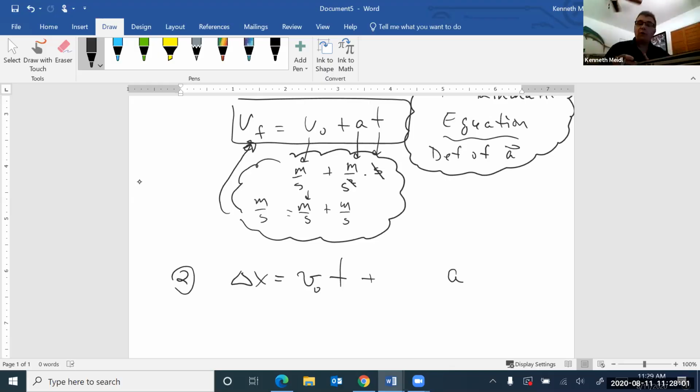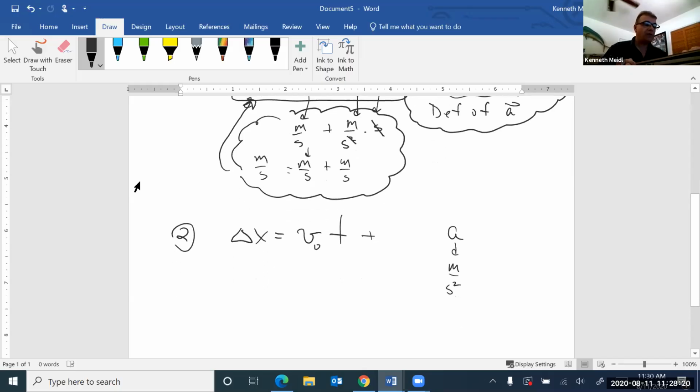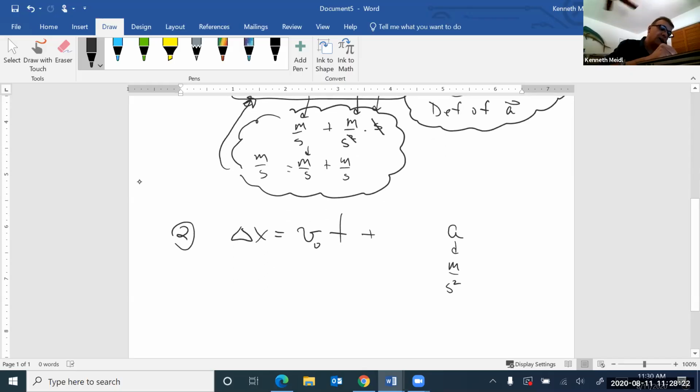But we have to look at units. So this is in meters per second, but eventually on the other side of the equal sign, I have position, which is just meters. I need to get meters per second to give me meters, just like this first piece does, right? This first piece, velocity is in meters per second, and time is in seconds.